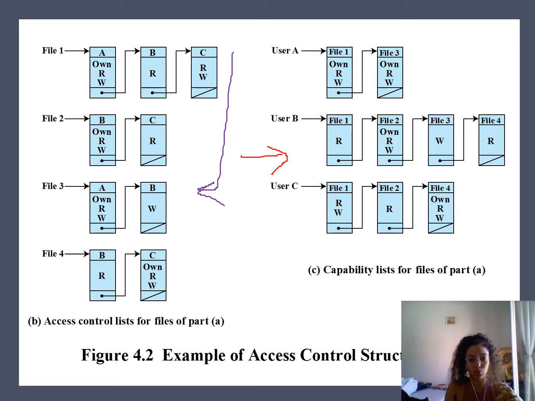These tickets would have to be held in a region of memory inaccessible to users. Another alternative is to include an unforgeable token in the capability. This could be a large random password or a cryptographic message authentication code.